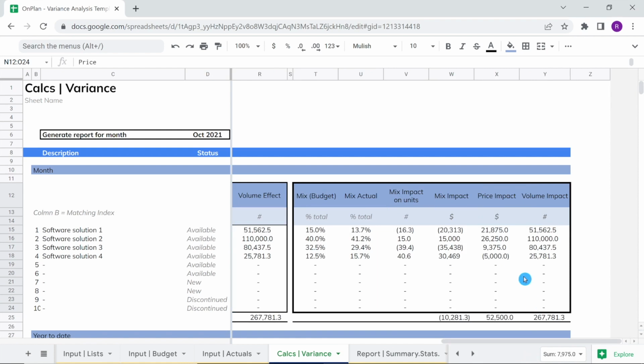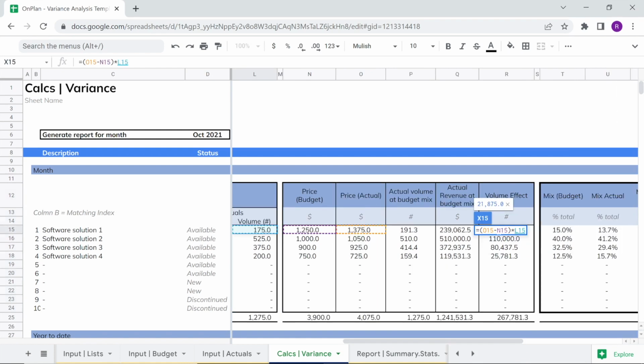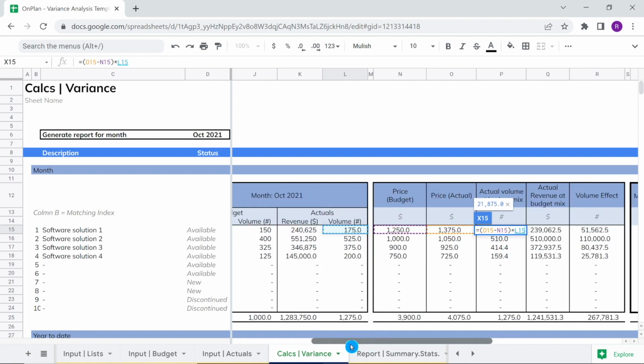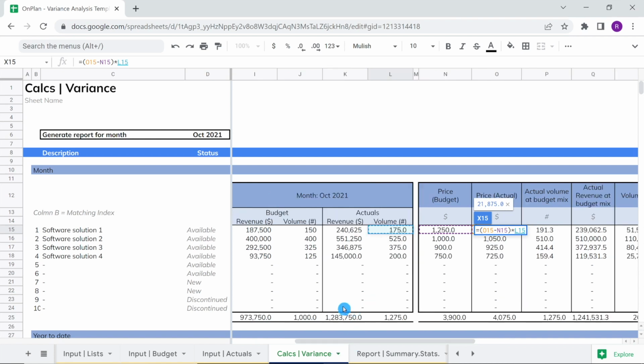To isolate the impact of price changes for each product, we calculate the difference between budget price and actual price, then multiply it by the actual volume for each solution. Why are we taking the difference and multiplying it by the actual volume? Because we are isolating the effect of price on the company's overall change in total revenue by keeping sales volume constant at the actual level.